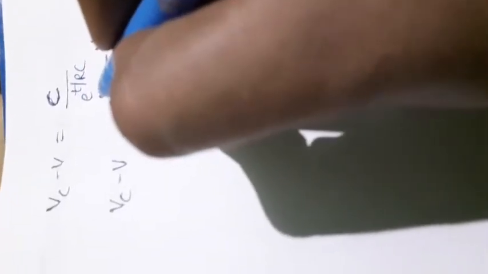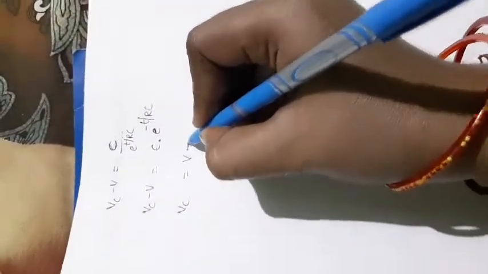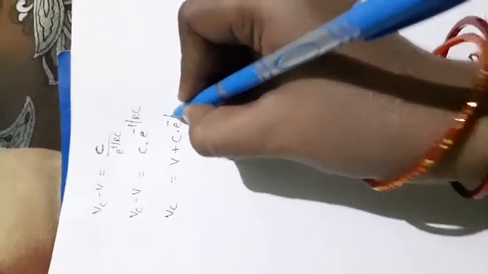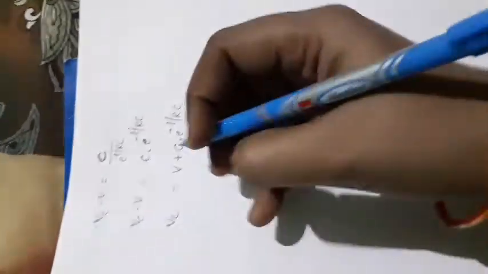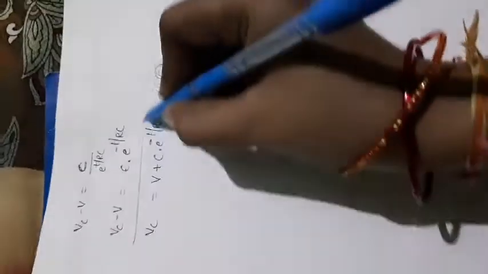Okay, till now we didn't get any minus value for this e power x, but now I can convert this denominator into the numerator, then we'll get the minus here. Okay, so finally we are getting the equation Vc is equals to V plus C into e power minus t by Rc. Okay, so this is our fifth equation.